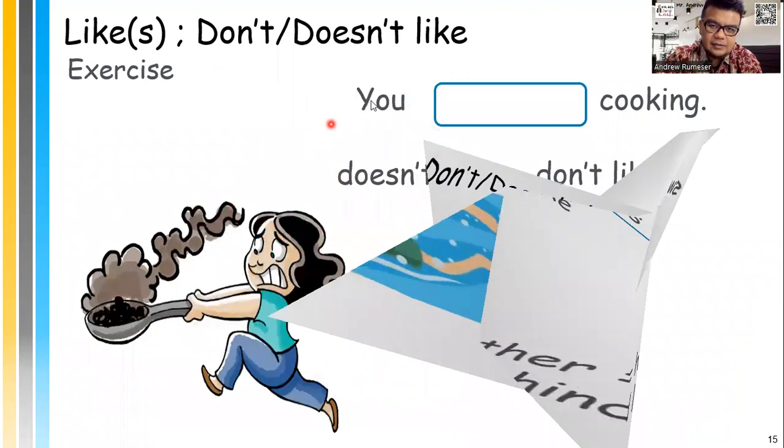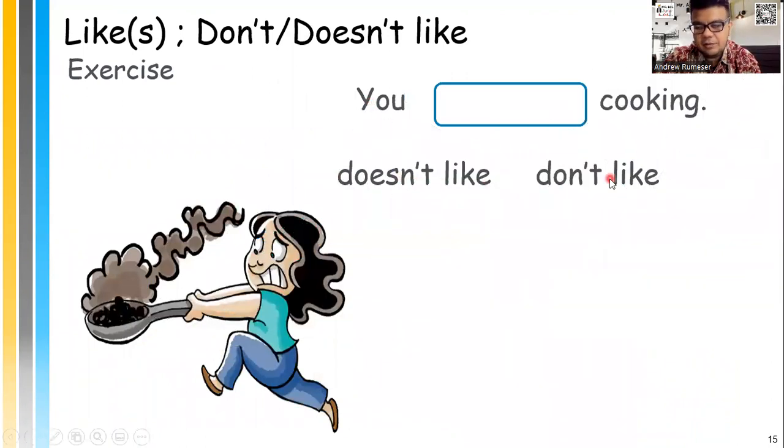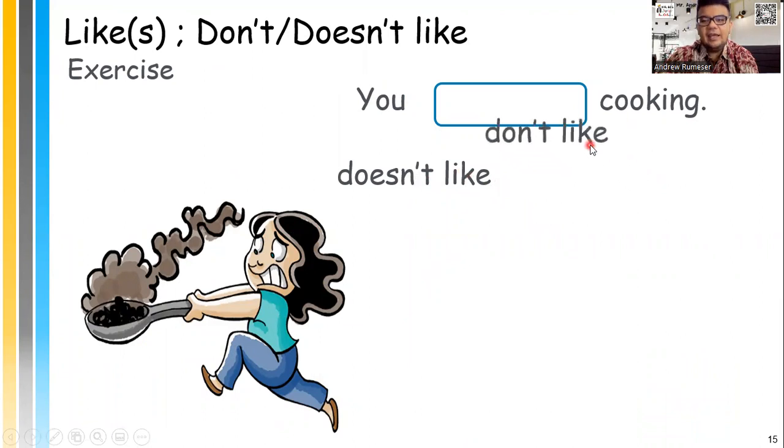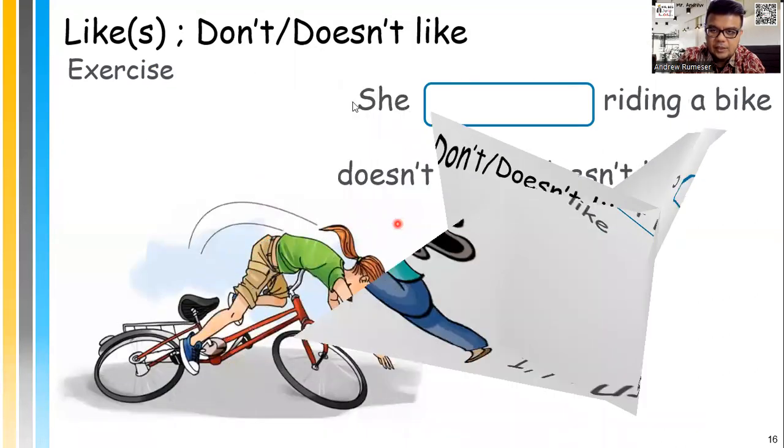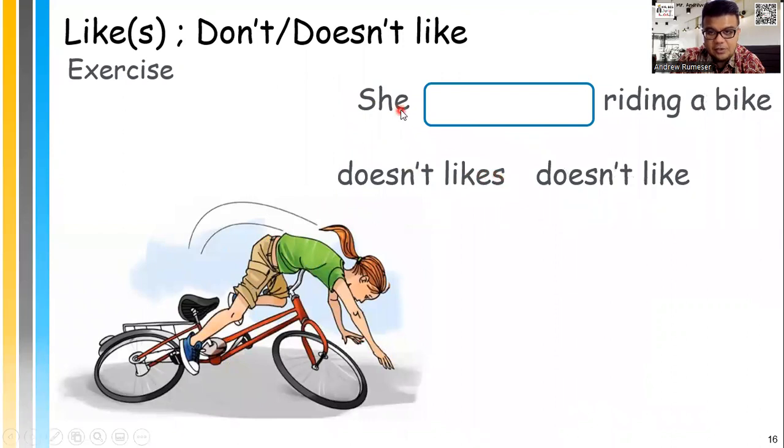All right, next. You doesn't like or you don't like cooking? Which one? Yay, you don't like cooking. Why? Because remember, if the subject is I, you, we, they, then for the negative, we use do not or don't, right? She doesn't likes or she doesn't like? Which one? This is a trap because why?